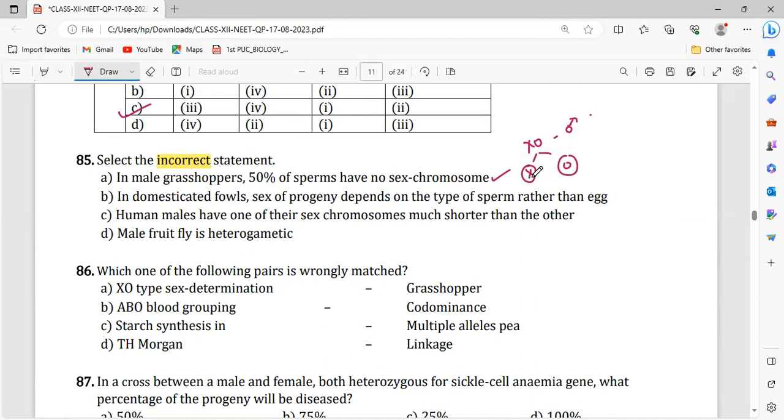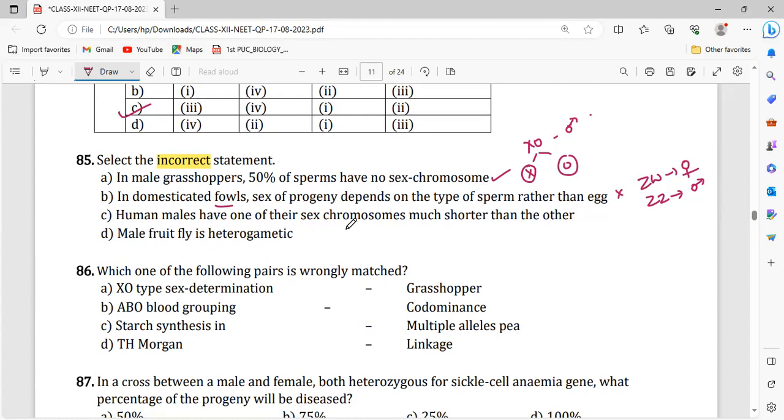So 50% will have X chromosome and 50% will not have any sex chromosome. In domestic fowl, sex of the progeny depends on the type of sperms. Fowls in the sense they are birds. So ZW is in female, and the male will be homogametic. Always the sex determination depends on the heterogamety. So that second statement is wrong.